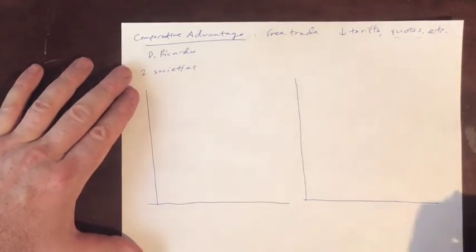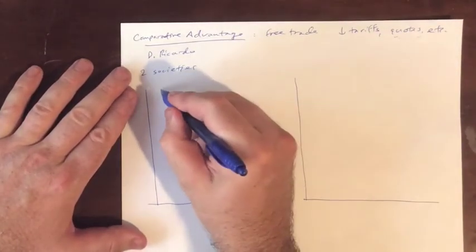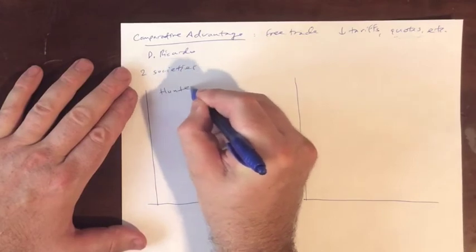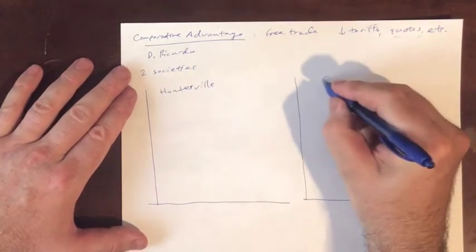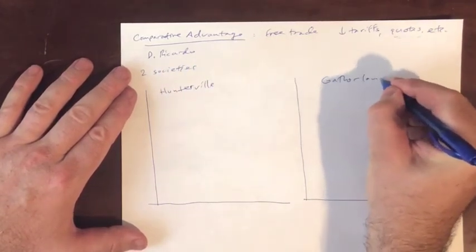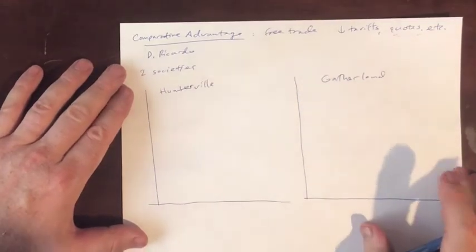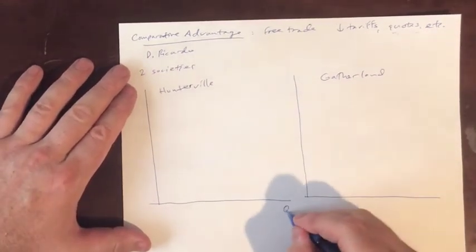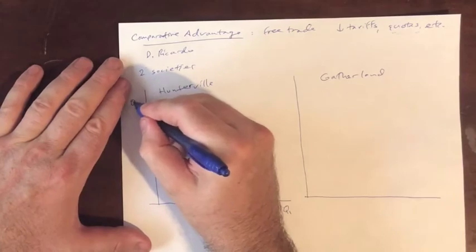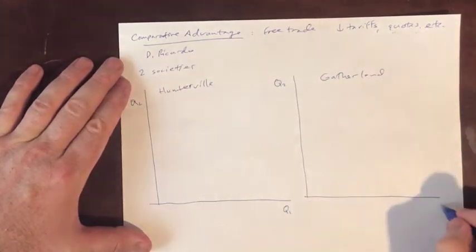We will call these two societies Hunterville and Gatherland, neighboring societies. So we have Q2 and Q1.